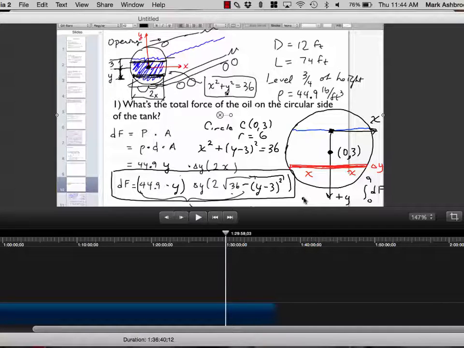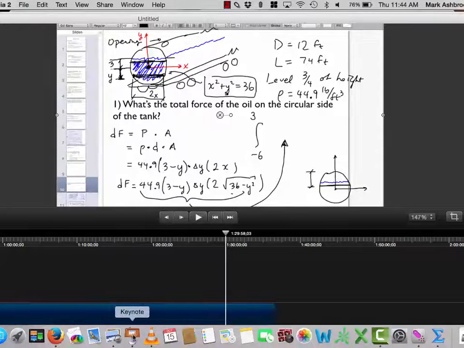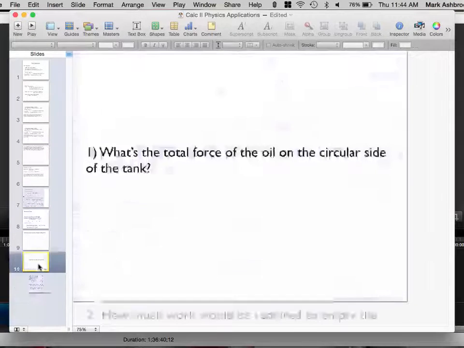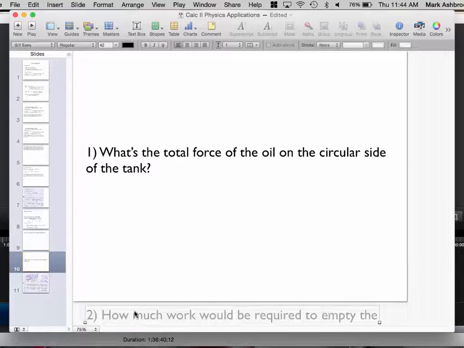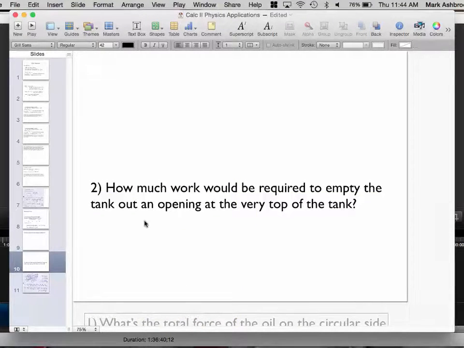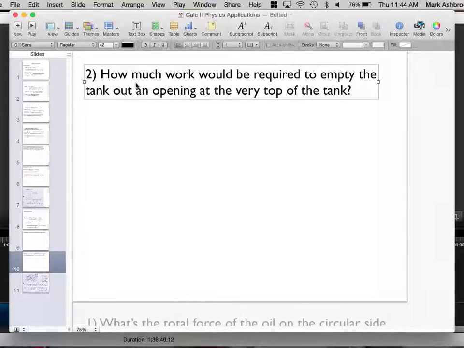Okay, now I want to do the work to get all the oil out of the tanker. So let me go ahead and go to that here. Let's draw the picture again.